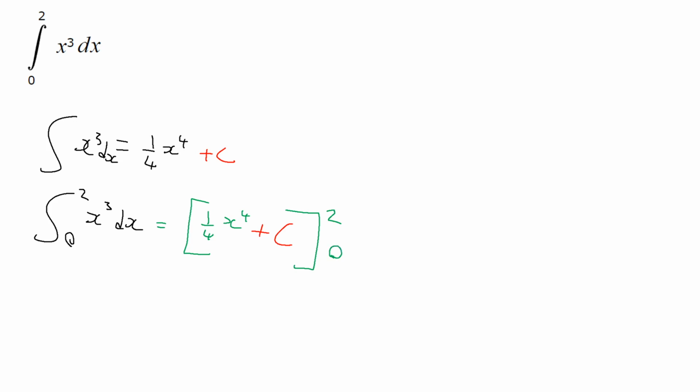So now we're going to sub in the 2. So that's a quarter times 2 to the 4 plus c. And we're subtracting it from, I'll do this in a different color, a quarter times 0 plus c.